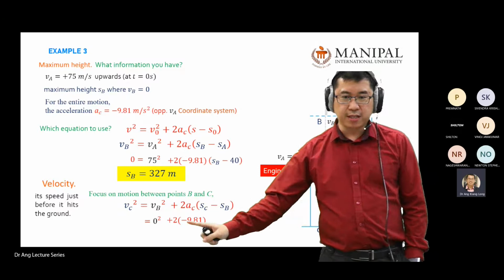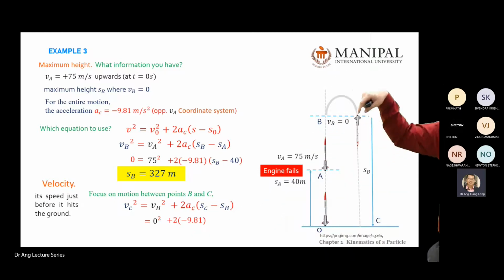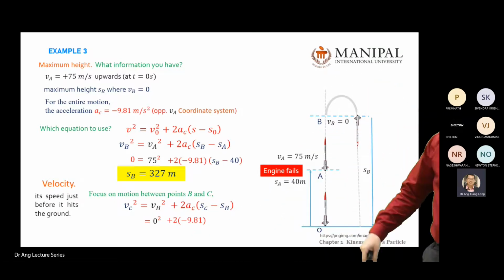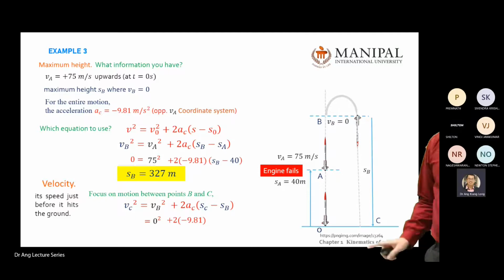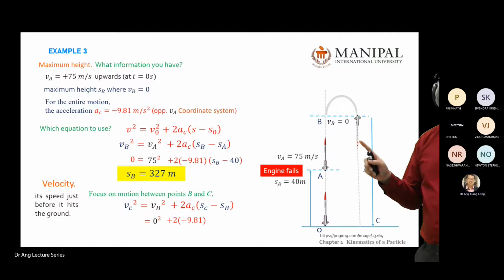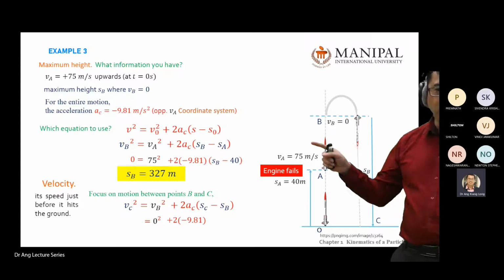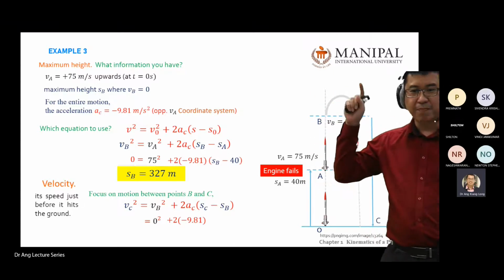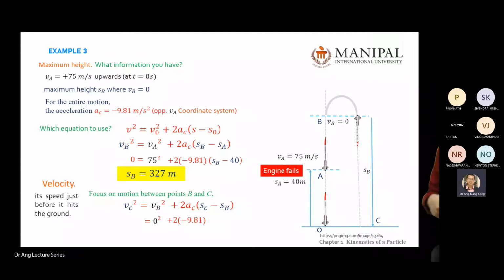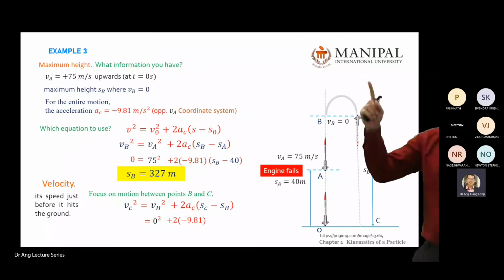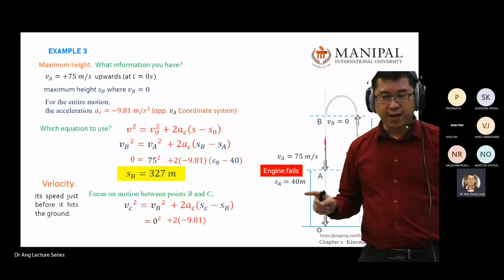That's why negative sign here, although the rocket is going downwards. Don't confuse with the rocket motion. You have to always go back to the general reference location. It is up positive, left, right positive.